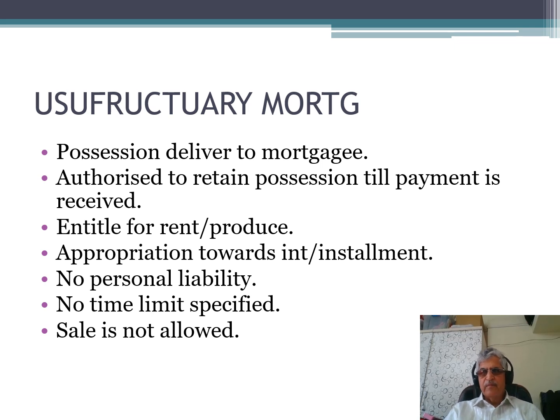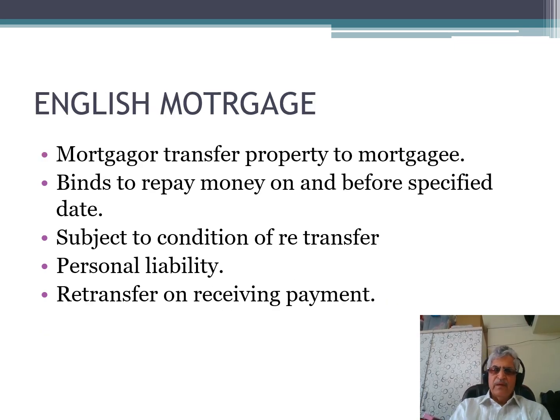Then another type, the English mortgage. In this type of document, the mortgagor transfers the interest and everything in favor of the mortgagee, with a condition that the mortgagee will retransfer this property to the mortgagor on receipt of all his dues, and he binds himself to repay the loan within a certain specified date.